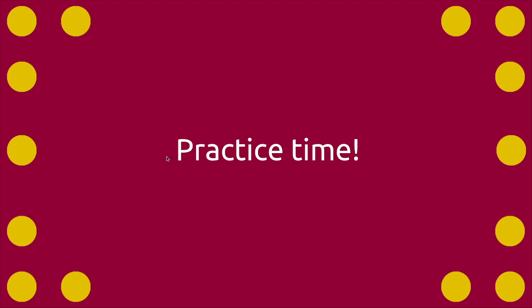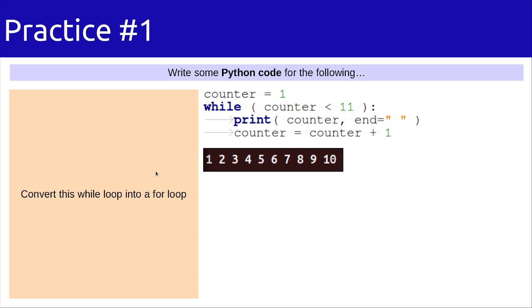So that's really all there is to for loops, but let's have some time to practice converting a while loop with a counter into a for loop with a counter. So remember, our for loops have a counter variable, which we have here as well. It has a starting point, it has an ending point, and it has a step amount.